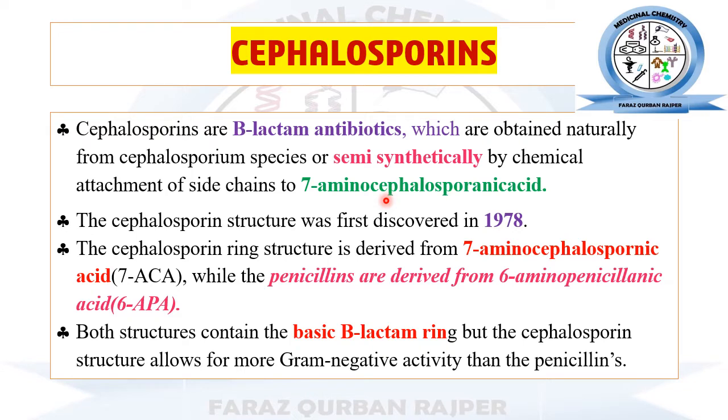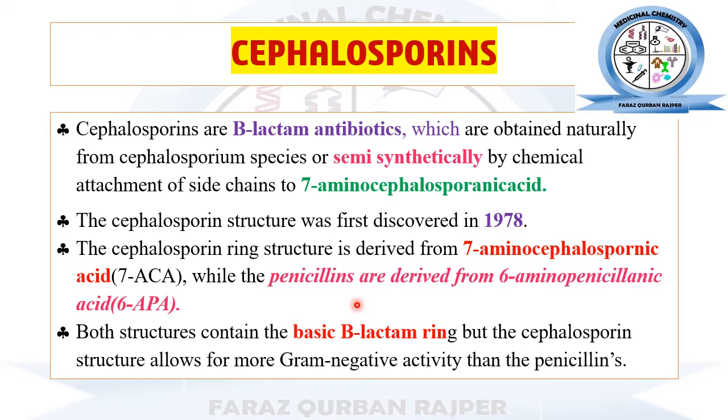The cephalosporin chemical structure was first discovered in 1978. In comparison to penicillin, the cephalosporins are derived from 7-amino-cephalosporinic acid, while penicillin has the chemical ring skeleton 6-amino-penicillinic acid.